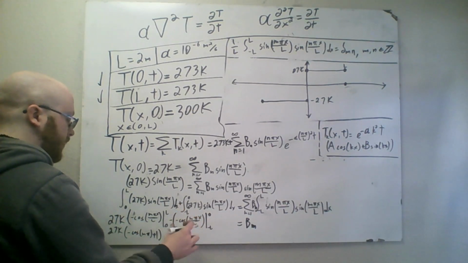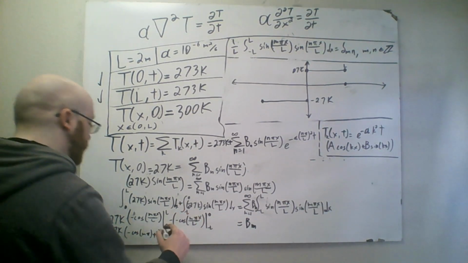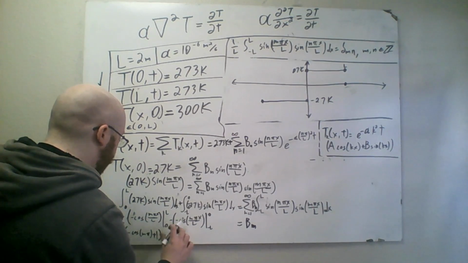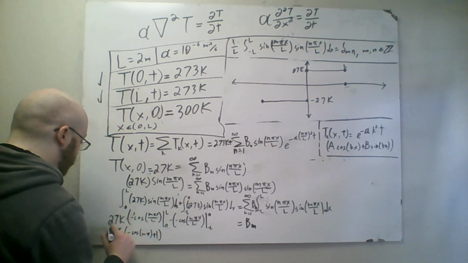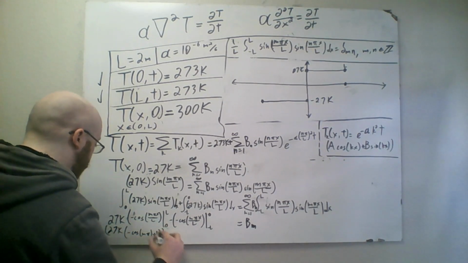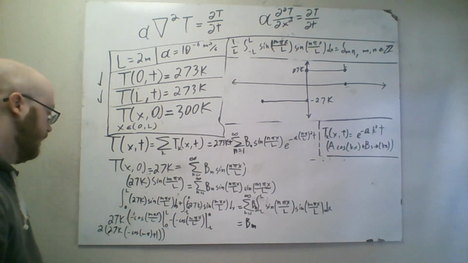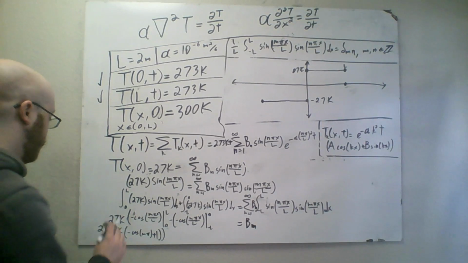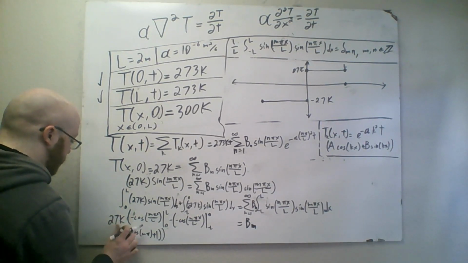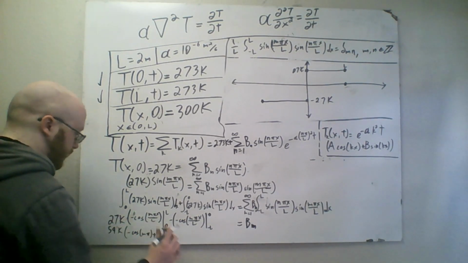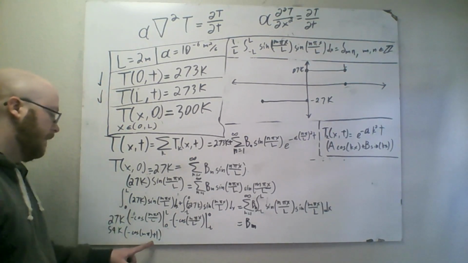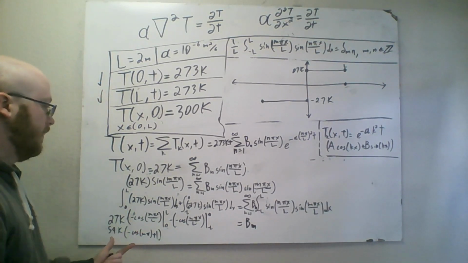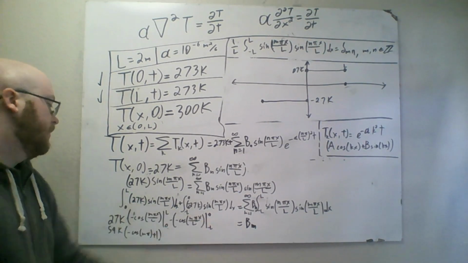Except it's switched negative. This will also end up turning out to be negative cosine. So I'm just gonna multiply everything by 2 up front. So I guess I'll make this 54. So this is 54 over m pi. This guy right here. And these are actually all our bm terms.